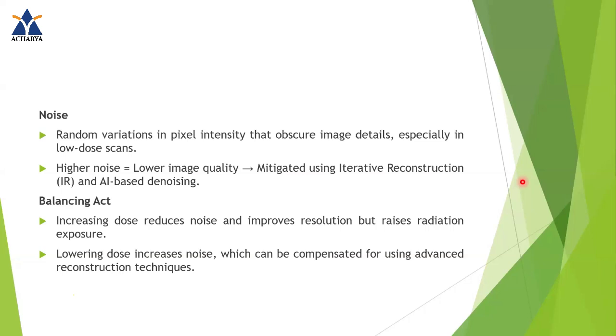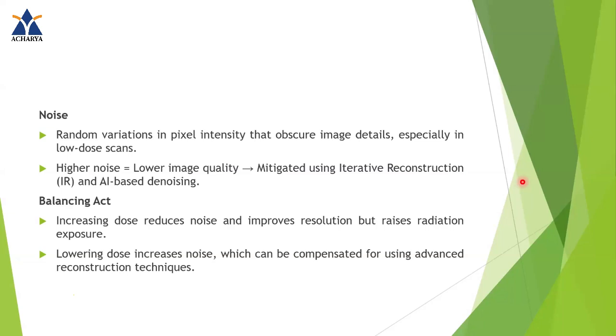Nowadays there are different reconstruction algorithms based on iterative reconstruction and AI based reconstruction, where noise information is automatically removed. Higher noise always lowers the image quality, but it can be mitigated by using iterative and AI based denoising techniques.